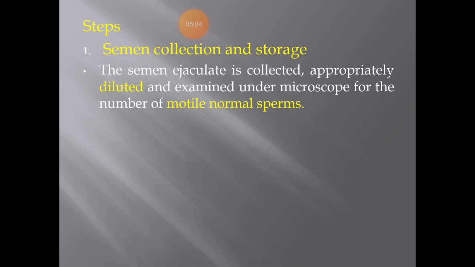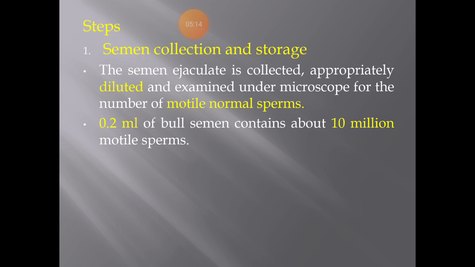Once it is diluted, you have to observe under the microscope for the normal sperms, in the sense motile sperms. See, to give you an idea, 0.2 ml of bull semen contains about 10 million motile sperms. That means that many eggs can be fertilized, theoretically speaking.